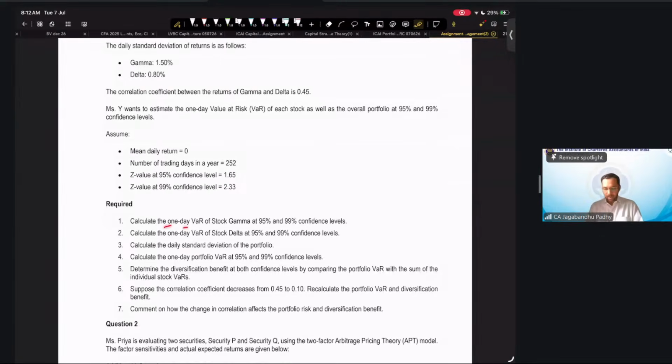To calculate 1 day VaR at 95% and 99% confidence for Gamma, and 1 day VaR for Delta at 95% and 99% confidence, the daily standard deviation of the portfolio needs to be computed, and we calculate the 1 day portfolio value at risk at 95% and 99% confidence levels.